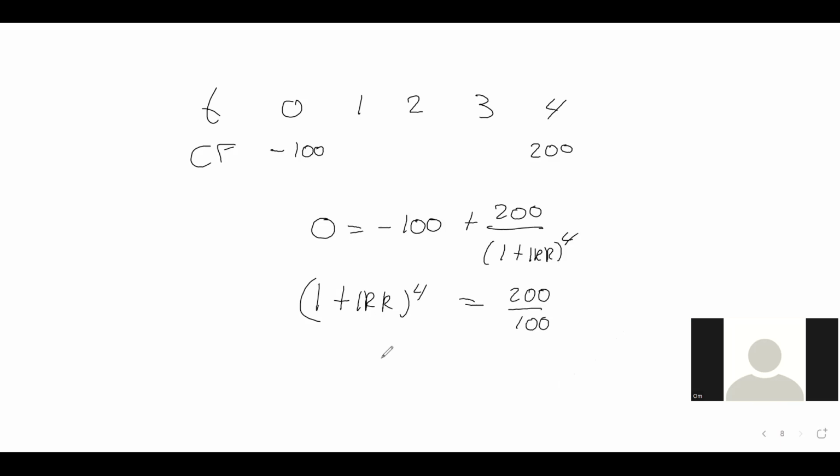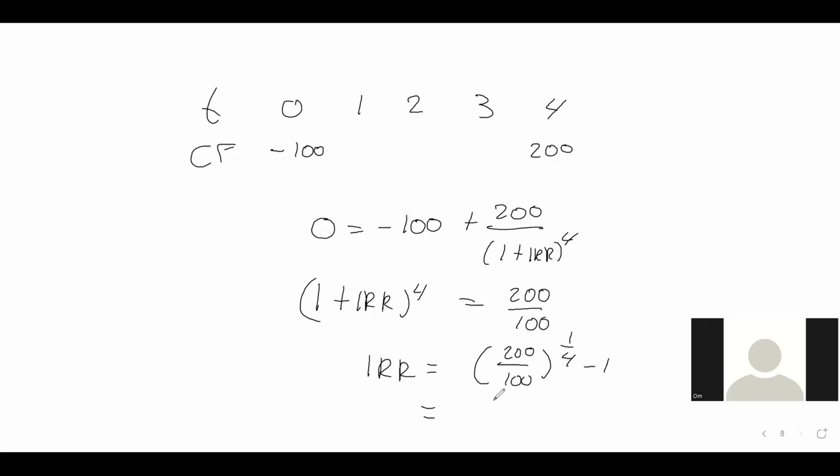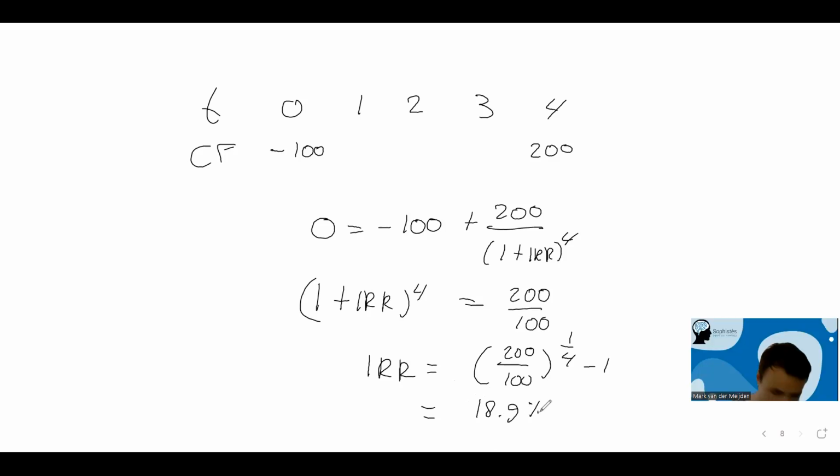And then you get the fourth root of 2. What would you get? 18%. 18.9%. Yeah. Something like that. I could check.